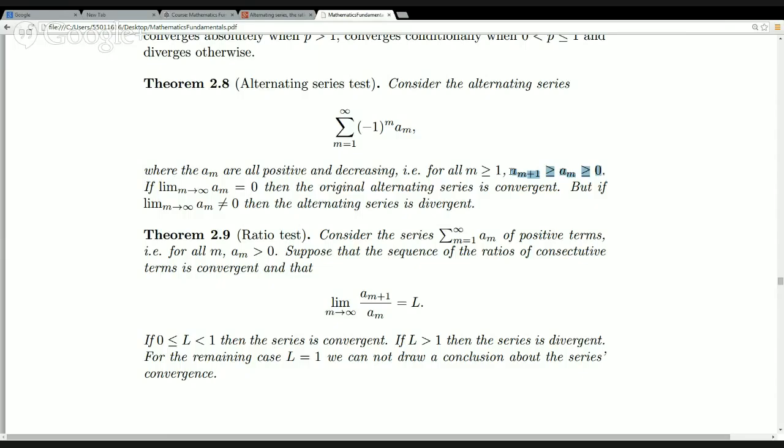That inequality should read that a_{m+1} is less than a_m, or less than or equal to, strictly less than a_m. I think it should be changed to strictly less than a_m. We need the terms to be positive and strictly decreasing.